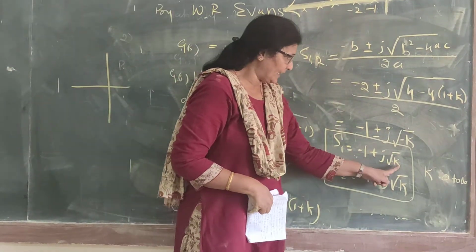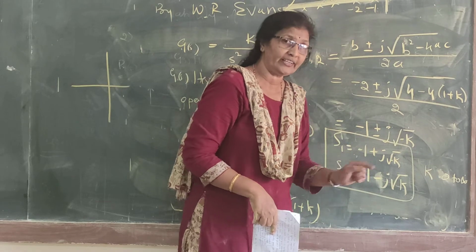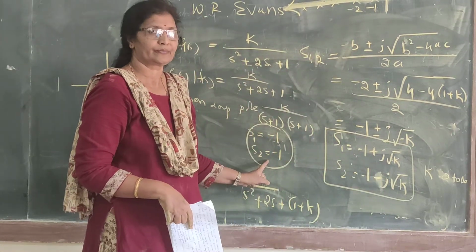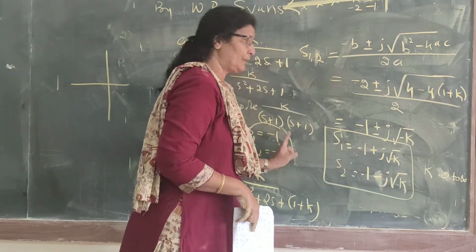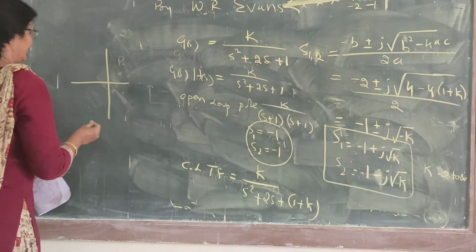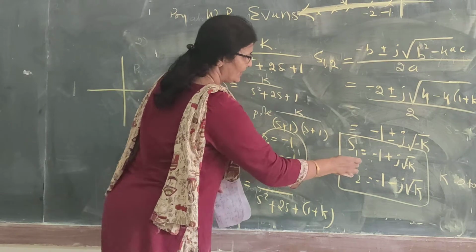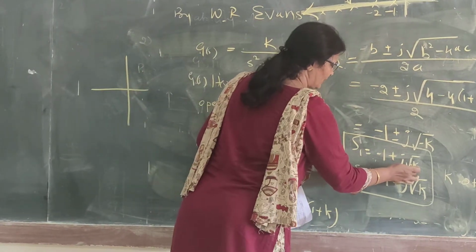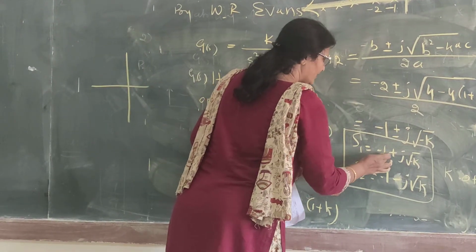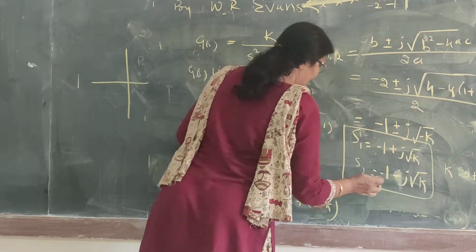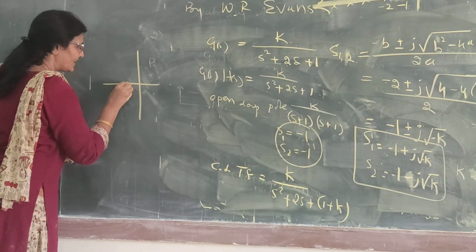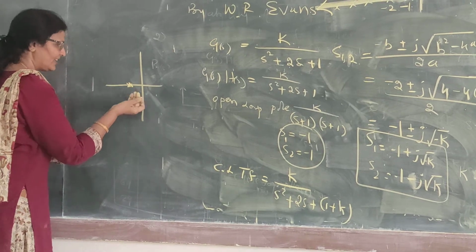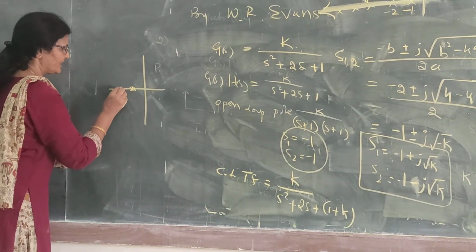If you put k equal to 0, you will get open loop poles. What is S1? S1 is minus 1. S2 is minus 1. So both are lying together on the left half of the S plane.